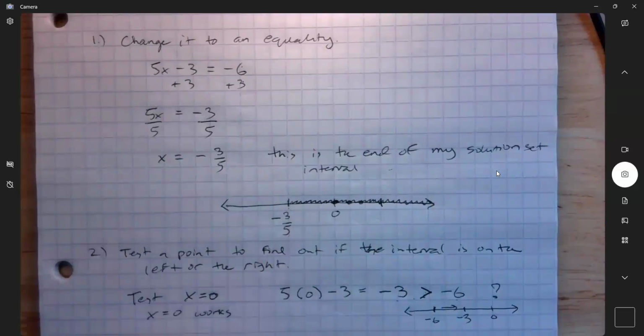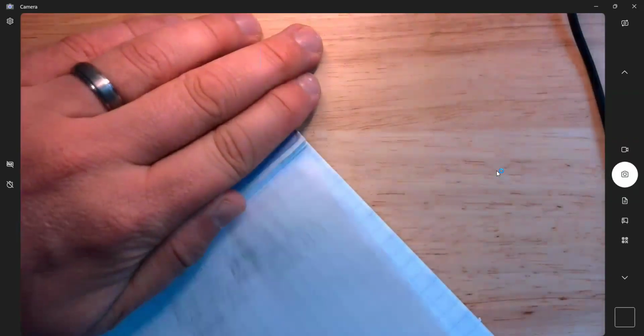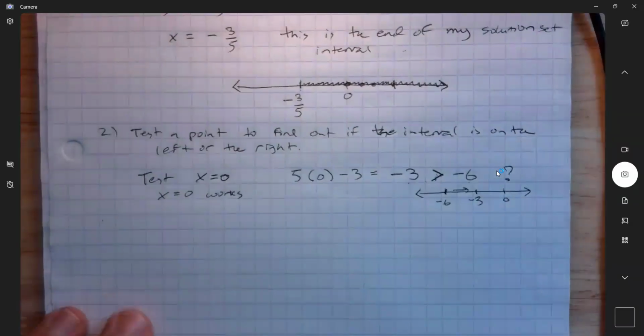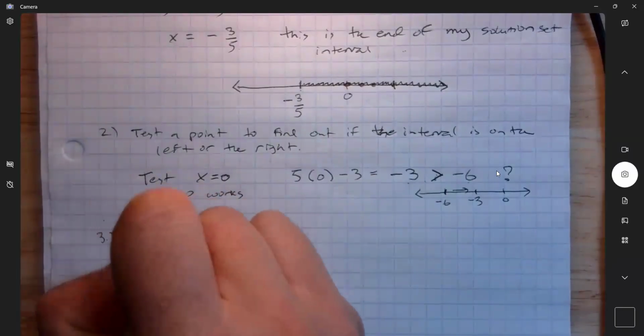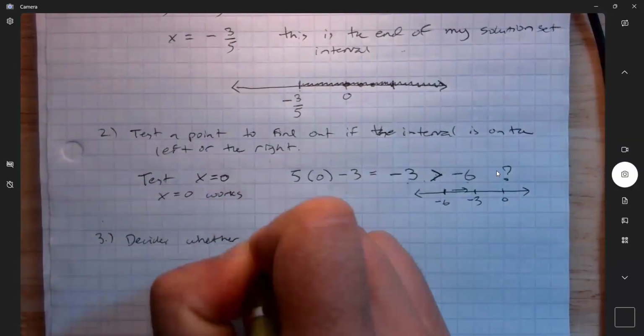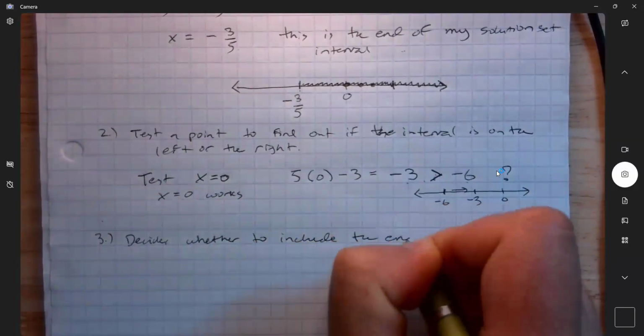And the last question is, do I include the endpoint? Decide whether to include the endpoint.